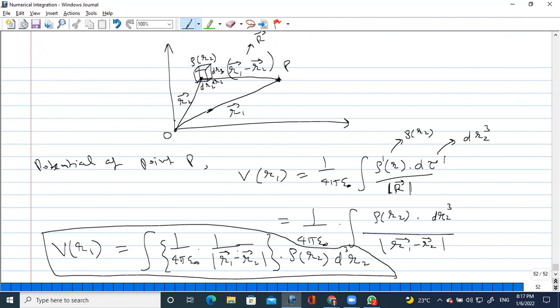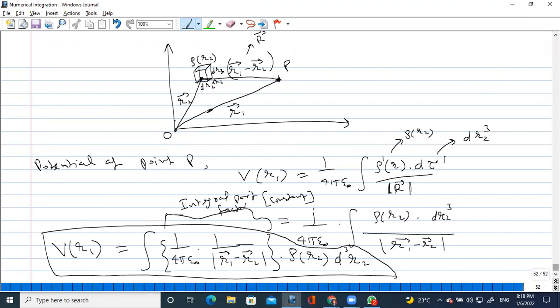In this equation, this factor is the integral part factor. And this is your actual variable. The actual variable is the density which is changing with respect to R2. So the actual function is rho R2, and this thing is constant only. So it is just an integral part factor which is constant in nature.